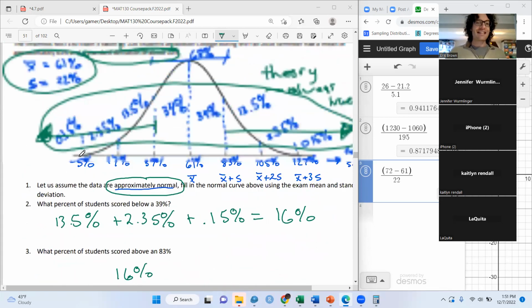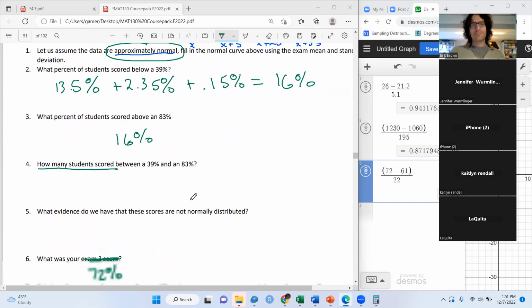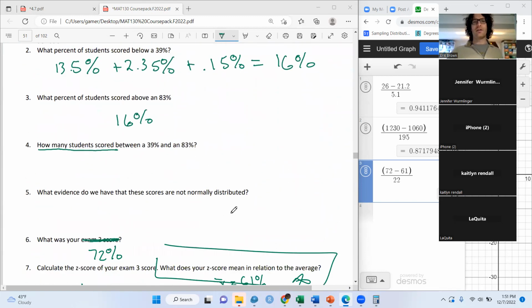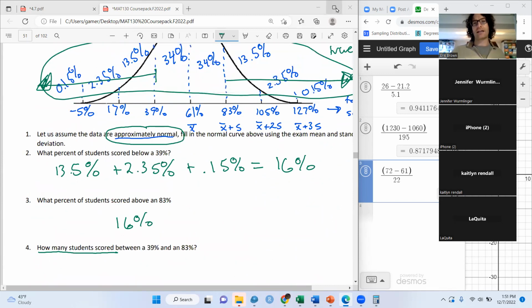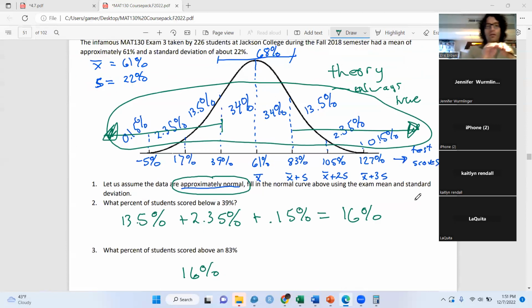I said let's assume that these are approximately normal. What evidence is there that these are probably not approximately normal scores? So look at all the values for the standard deviations. What do you notice? For example, what's the -3 standard deviations below the mean?